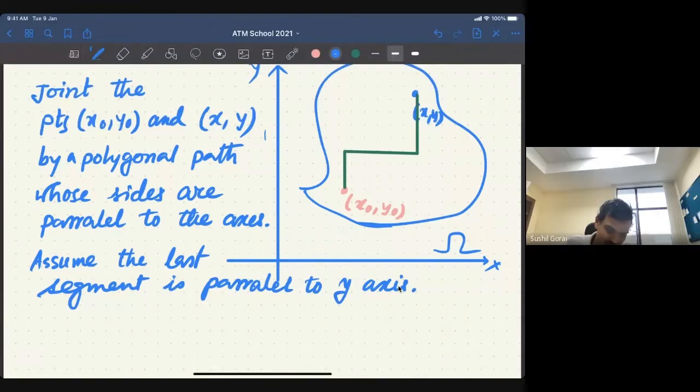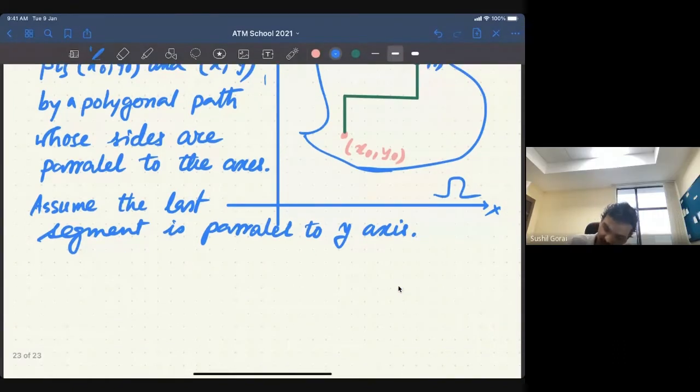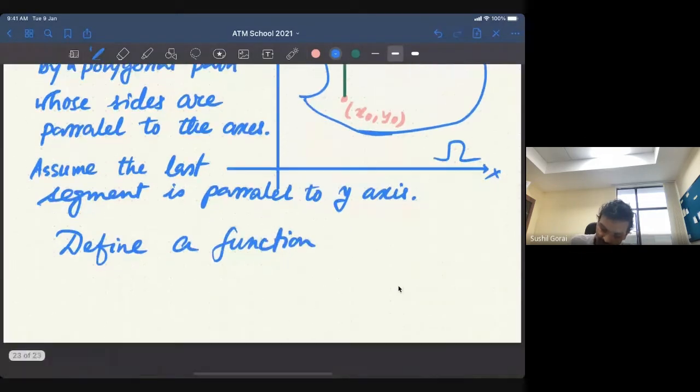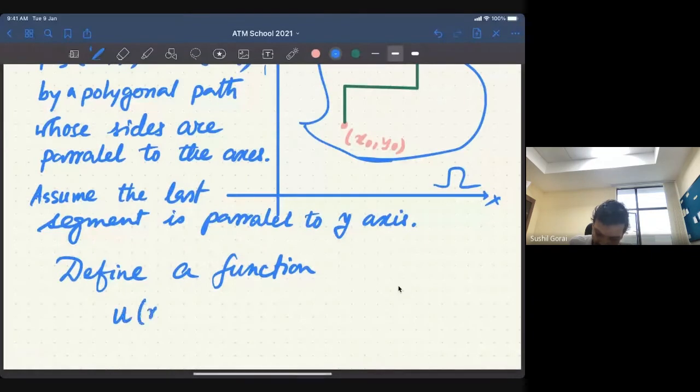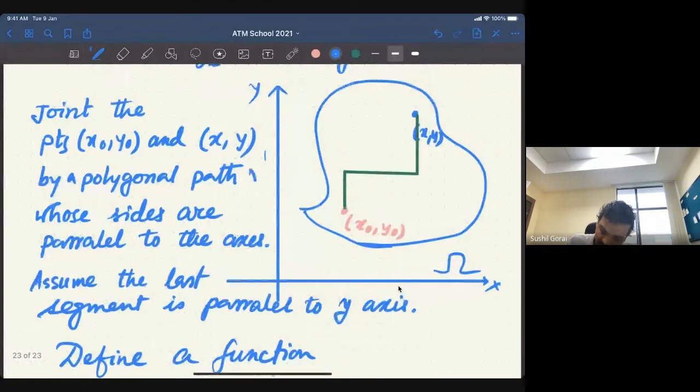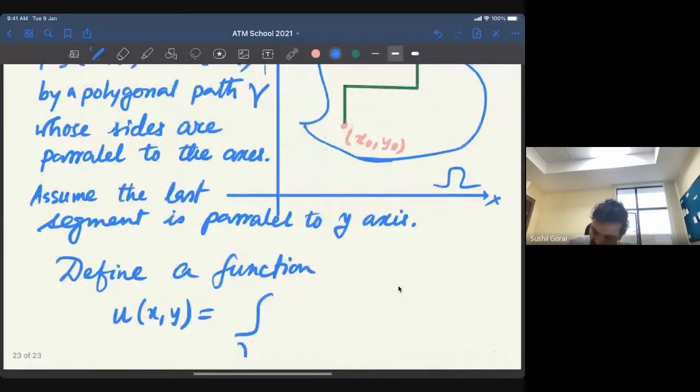Yes, sir. All right. Now define a function as we did in case of the fundamental theorem of calculus. So define a function u(x,y) as the integration over a polygonal path gamma of p dx plus q dy.